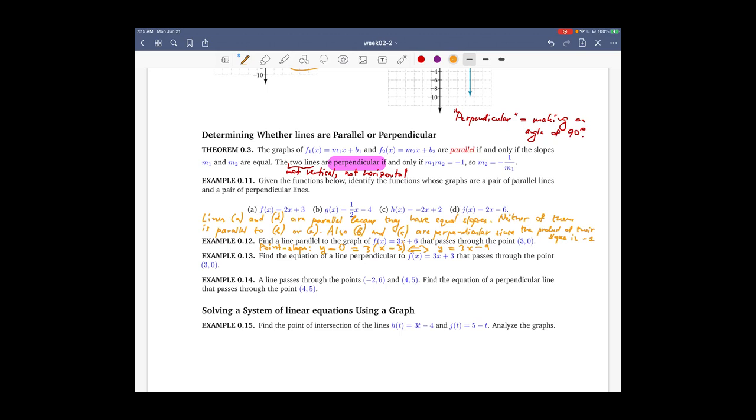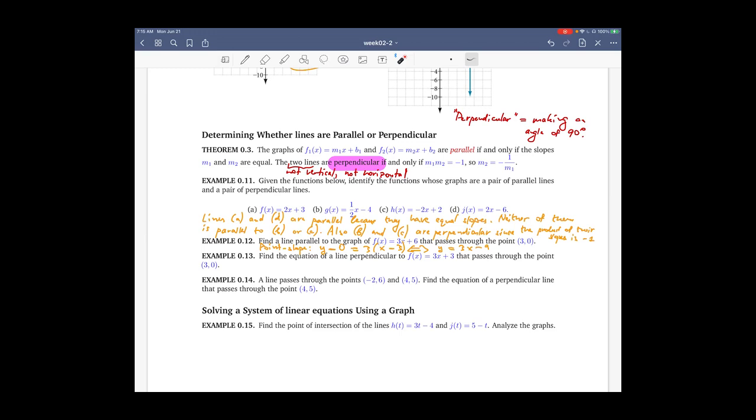Okay, in the next example, we need to find the line that's perpendicular to the line 3x plus 3 and passes through the point 3, 0. Now, again, we can use the point slope form.